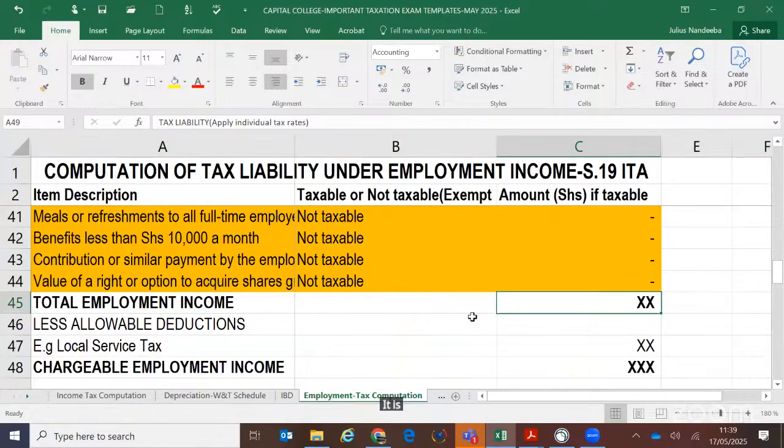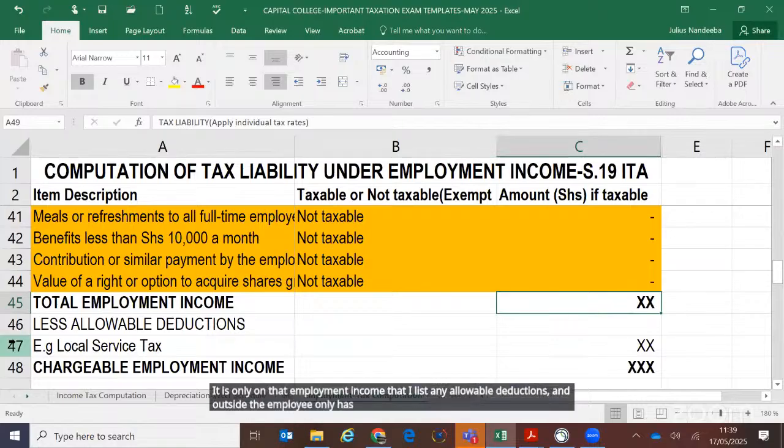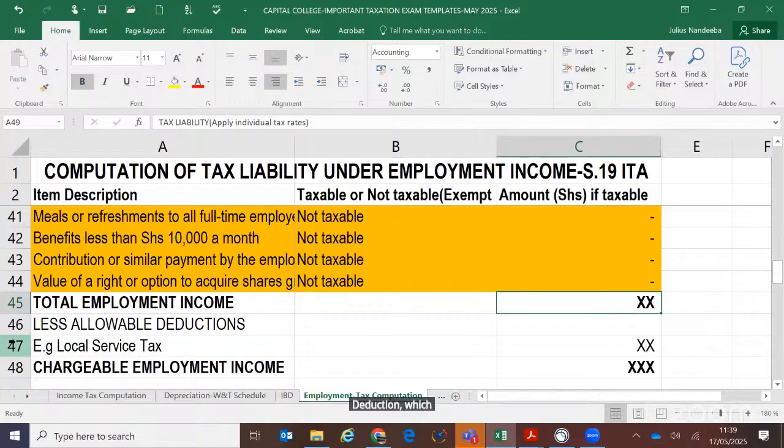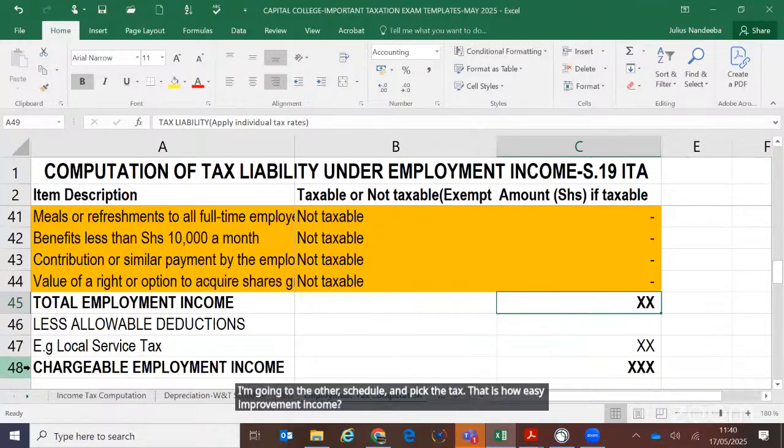It is only on that employment income that I less any allowable deductions, and I've said the employee only has one allowable deduction, which is local service tax. And then I get the chargeable employment income. When I've got this, I am done with my number. All I have to do is get this chargeable income and go to the other schedule and pick the tax. That is how easy employment income is.